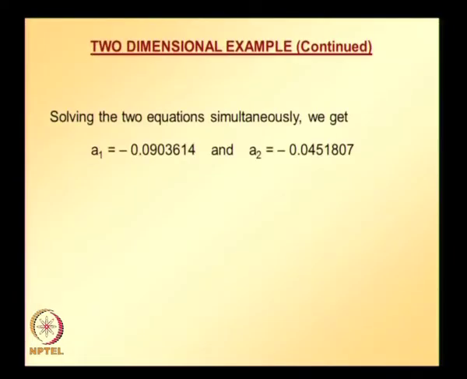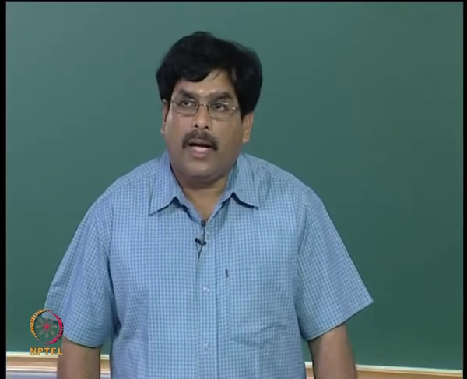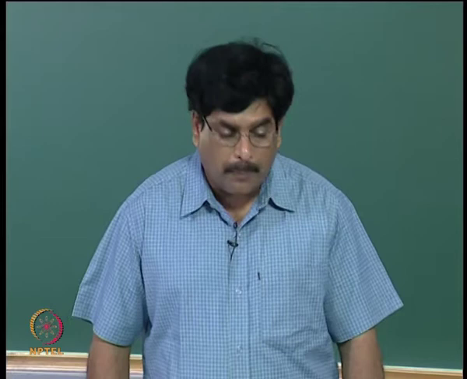So, solving those two equations simultaneously, we get A1 is equal to minus 0.0903614 and A2 as minus 0.0451807, and substituting this into the admissible trial solution, we get this approximate solution.